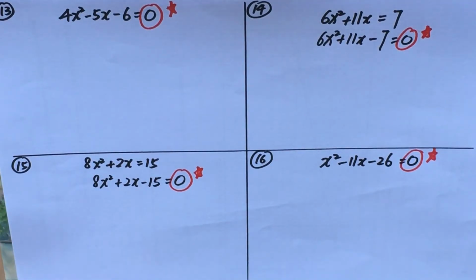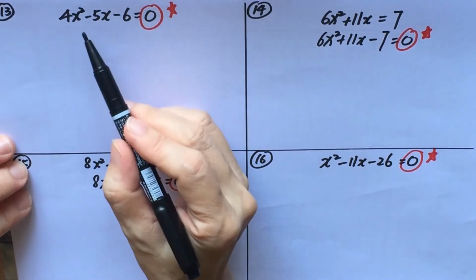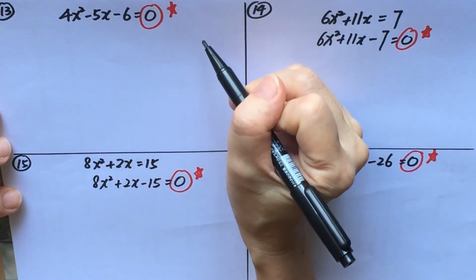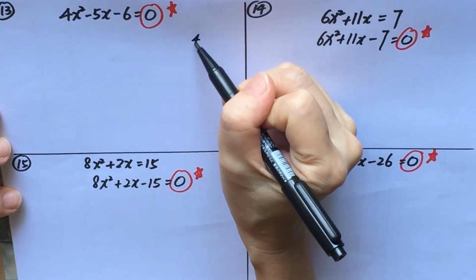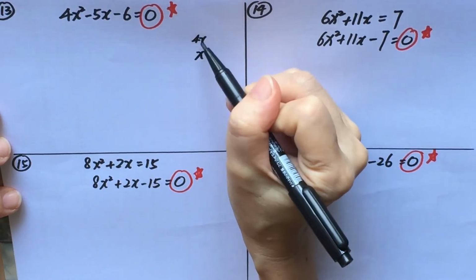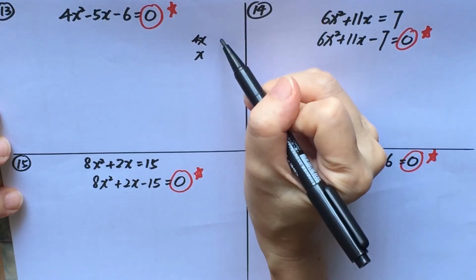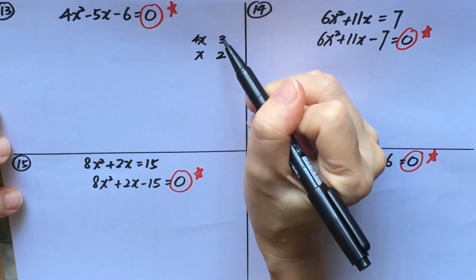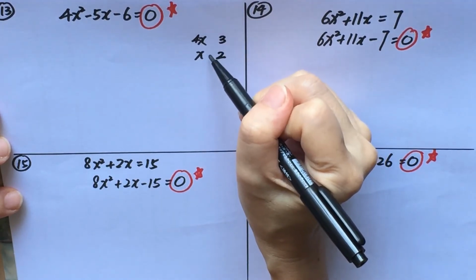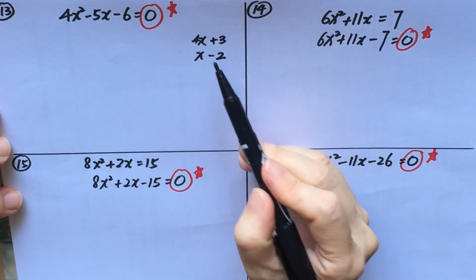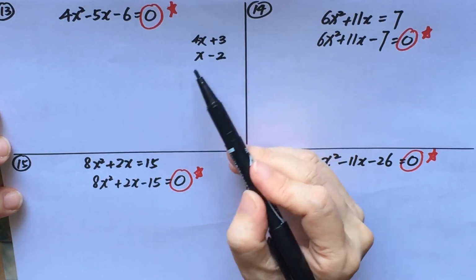Okay, so next we are going to use now factor law, which means we're going to factorize. This is a quadratic expression, so we'll factorize it to be, okay, 4x and x multiplied together gives 4x squared. So 6 here, maybe I put a 3 and 2. So when 3 and 2, this will be minus, this is plus. So this 2 times 4x is 8x, minus 3 times x is 3x.